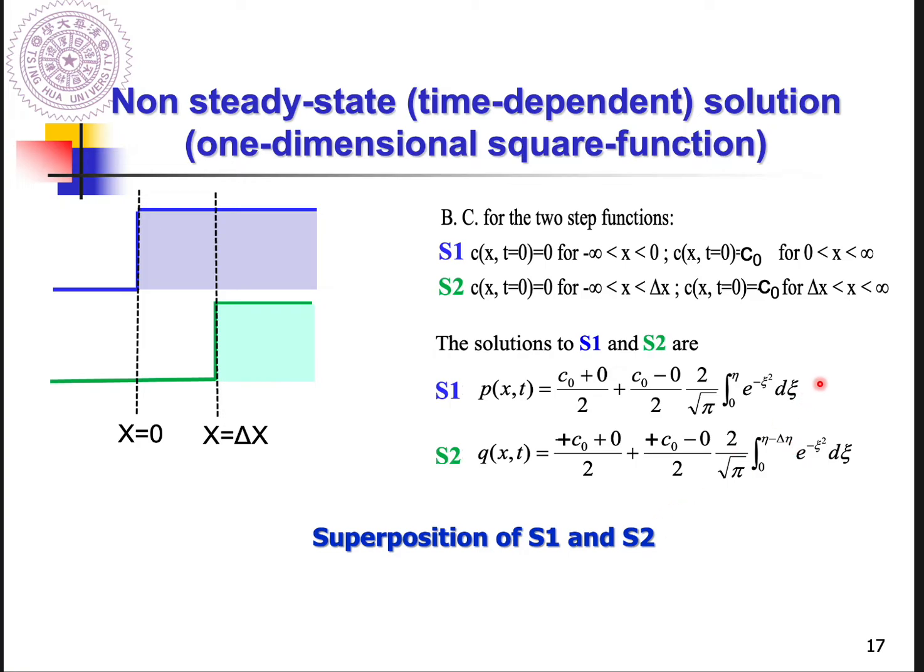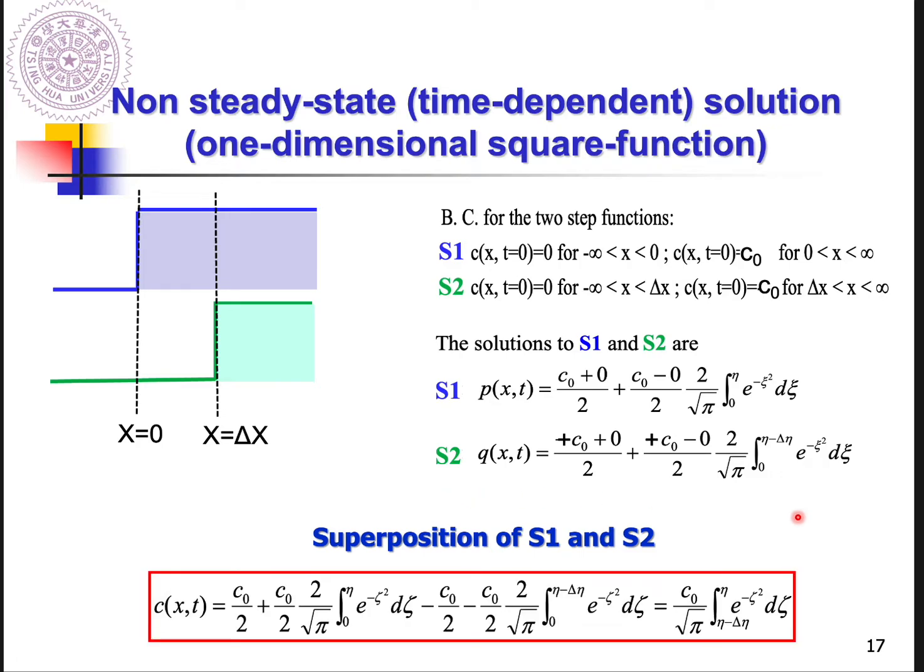So the solution will be the solution S1 minus the solution S2, and you get the same result here. Both methods give the same result.